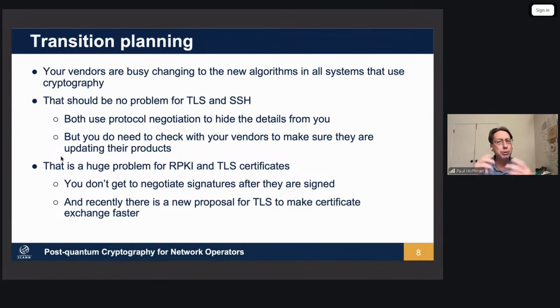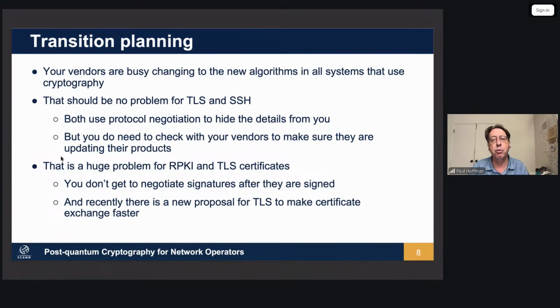If you're using it, you're using it. If you're not, you're not. The same's true for TLS certificates. So as you hear from your vendors, you're probably going to hear more about post-quantum cryptography for signatures. You're going to need to pay attention to this with RPKI.